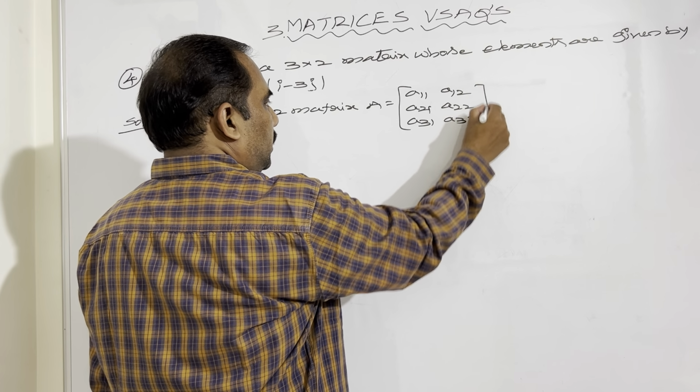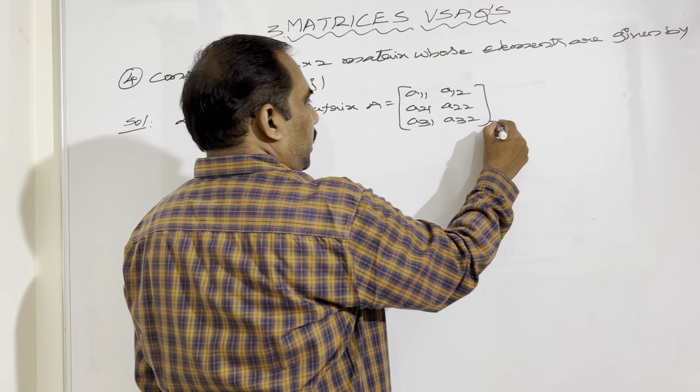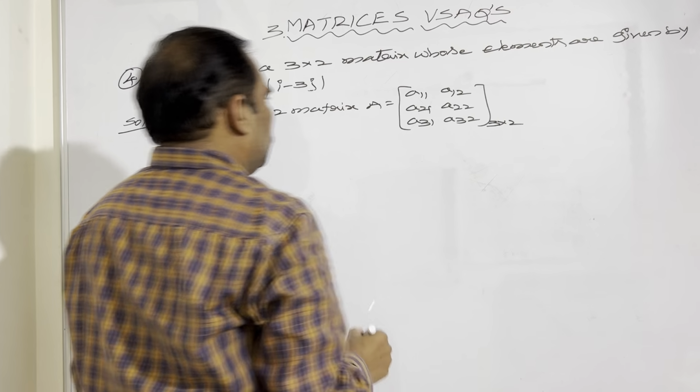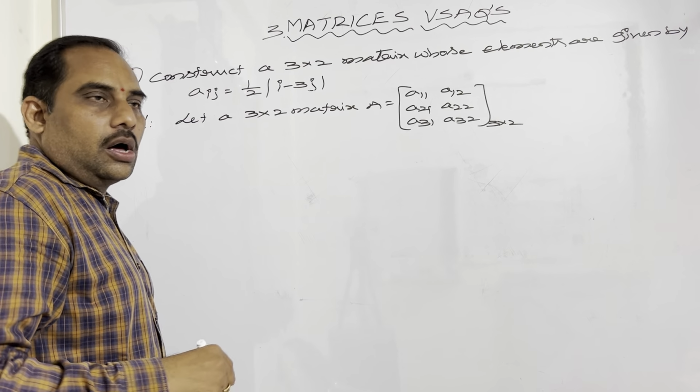Here the first index represents the rows and the second one represents the columns.